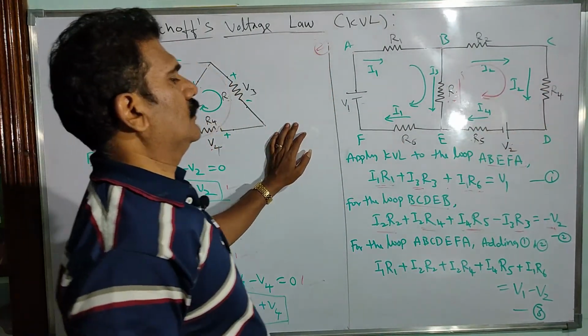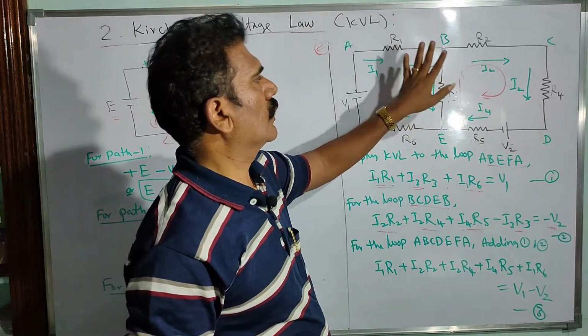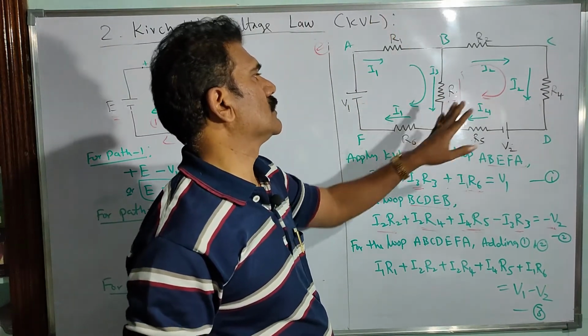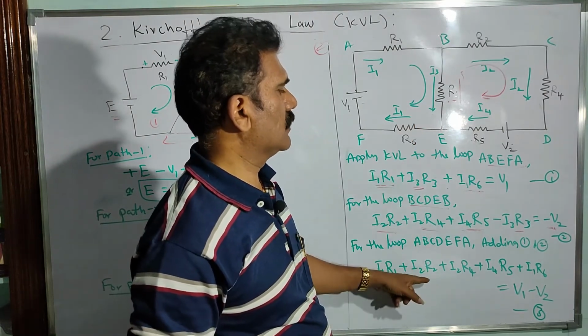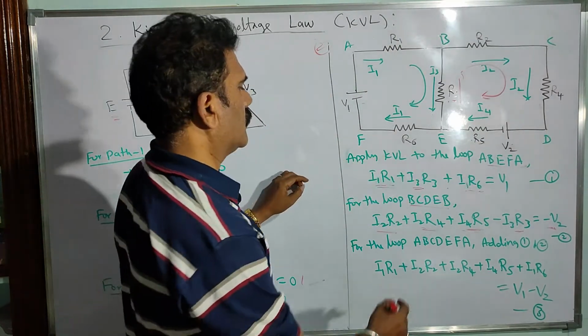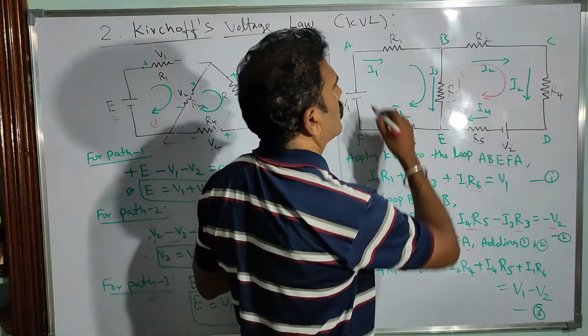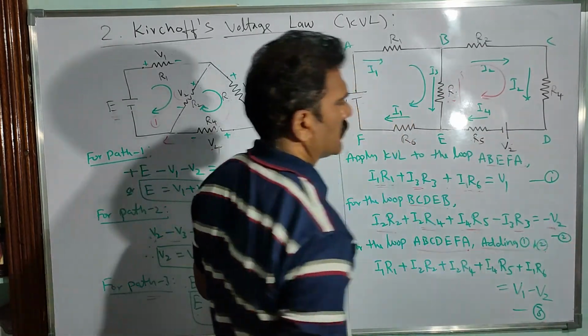So that you can simplify the total potential difference or total voltage drops across each resistor. By just simplifying equations 1 and 2, it is possible to get the equation for the outer loop, the loop A, B, C, D, E, F, A. Adding equations 1 and 2, just add these two equations.